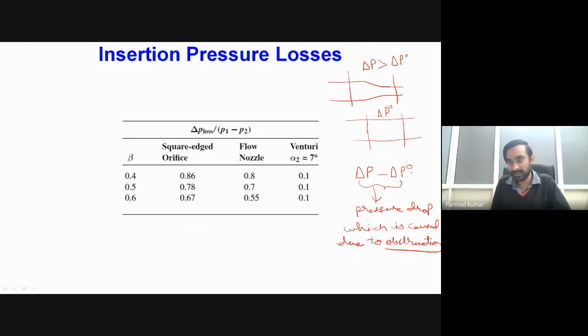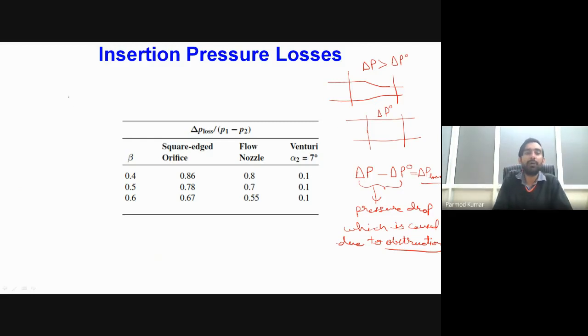So delta P minus delta P naught is what is considered as delta P loss, which happens because of the obstruction. Obviously, while the fluid flows, it should have a sufficient amount of energy to overcome this delta P loss, which occurs because of the change in cross section or the creation of the obstruction.